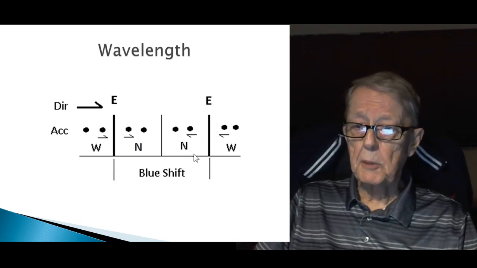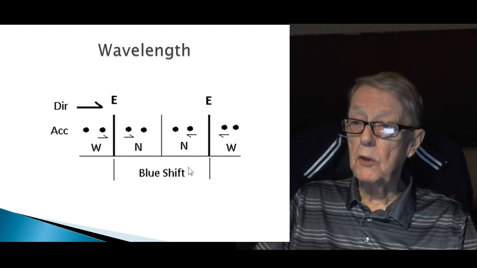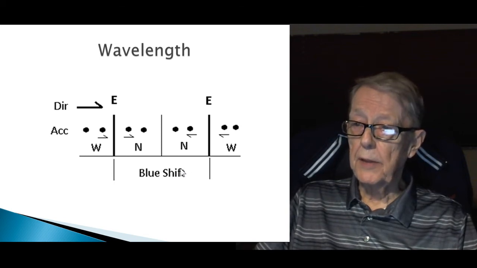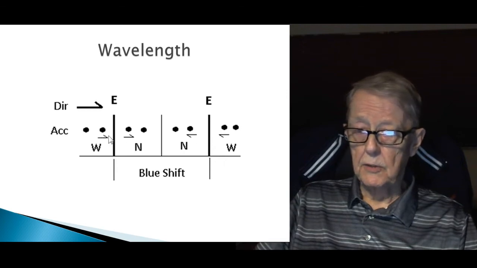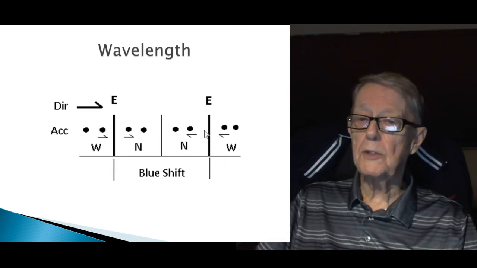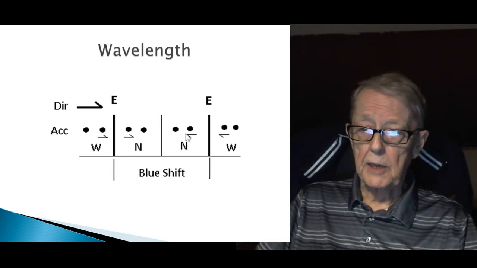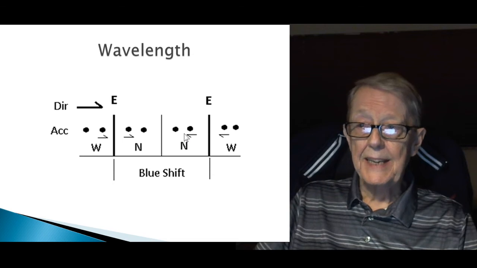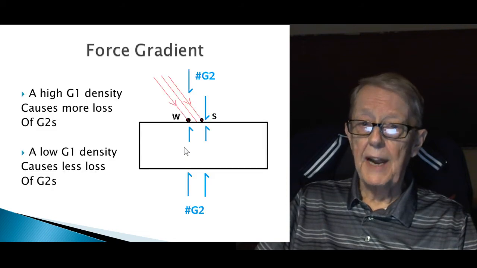So generally there's a blue shift inside the prism, and that may have something to do with the dispersion, because the stronger forces are going to cause a bigger blue shift. The weaker forces are going to cause a lesser blue shift. That can add to the dispersion, and I'll get to the force vectors next.